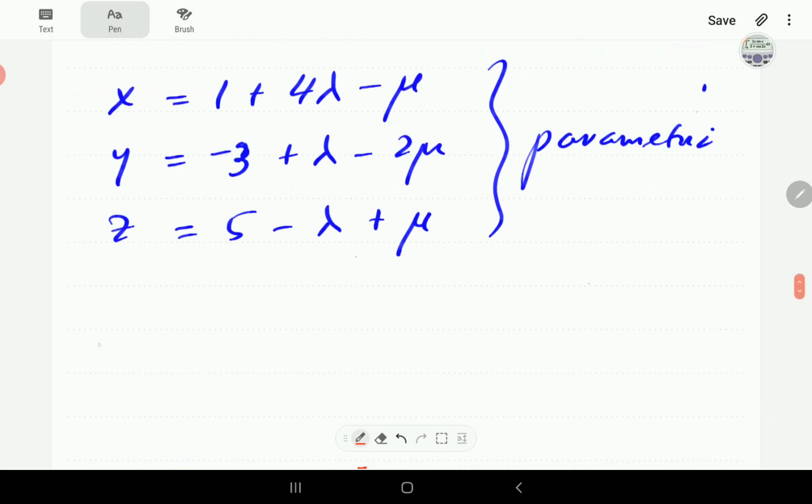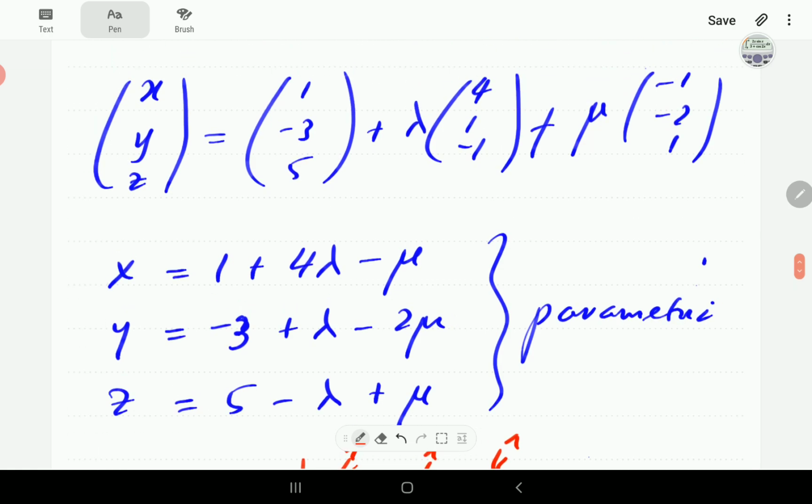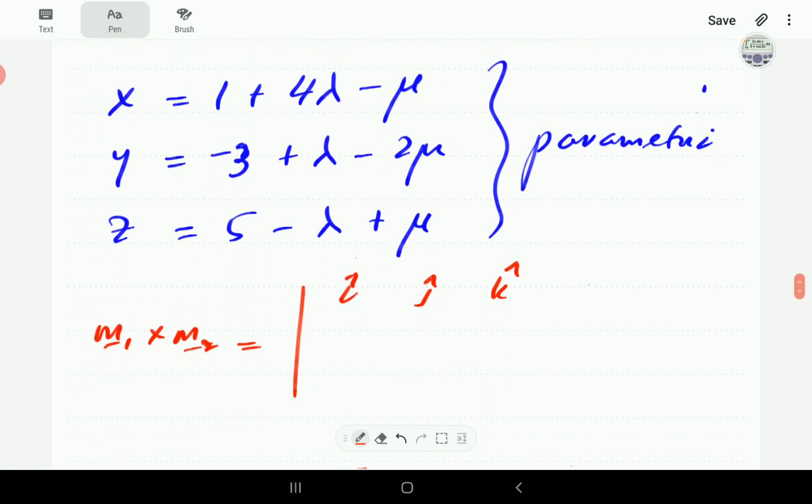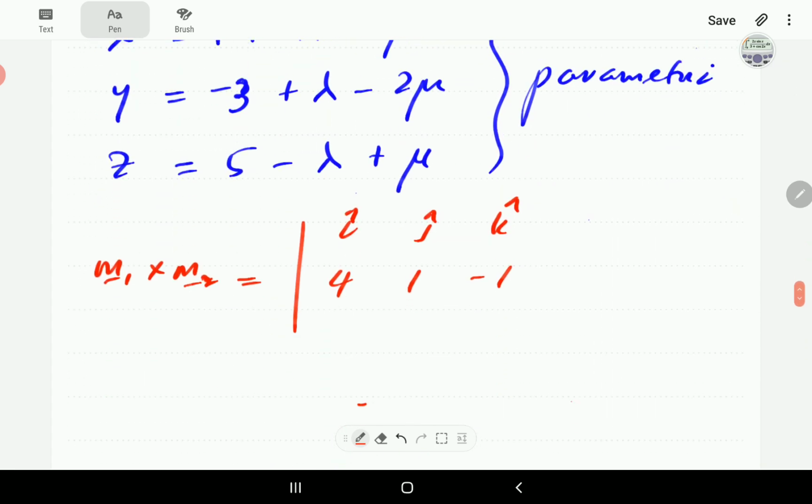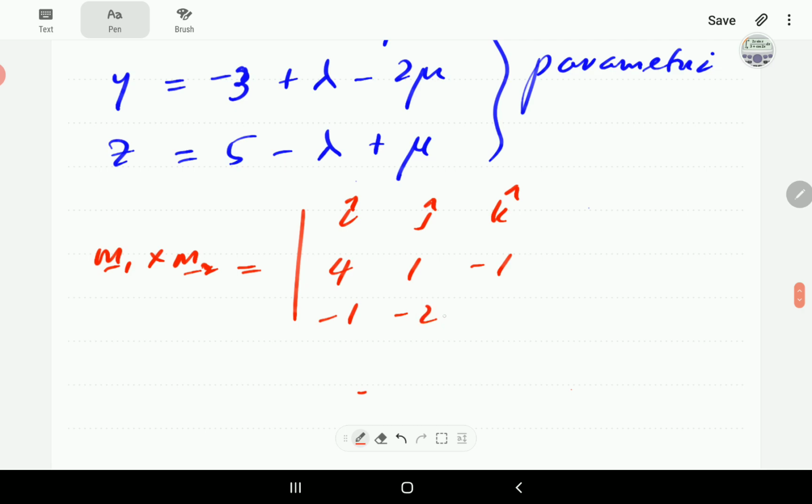So that's the first thing we need to work out. M1 cross M2: M1 is 4, 1, minus 1, and M2 is minus 1, minus 2, 1.